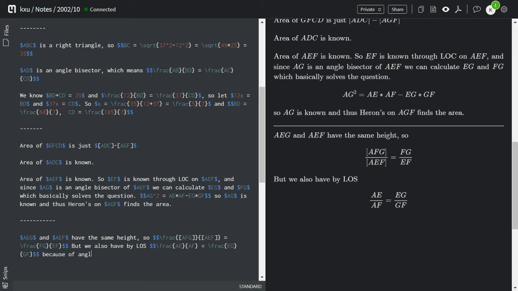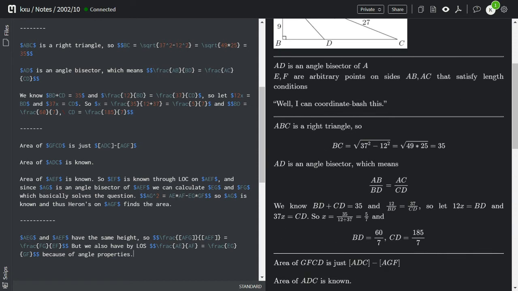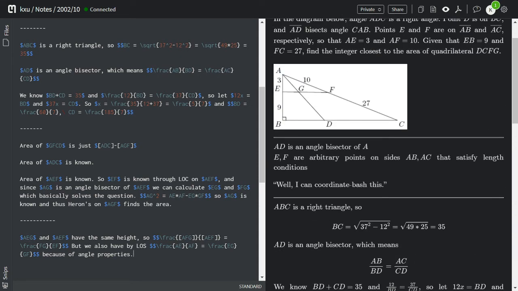Because of angle properties. And it might take you a bit to see this, so feel free to pause and see exactly why you have this ratio in the law of sines.